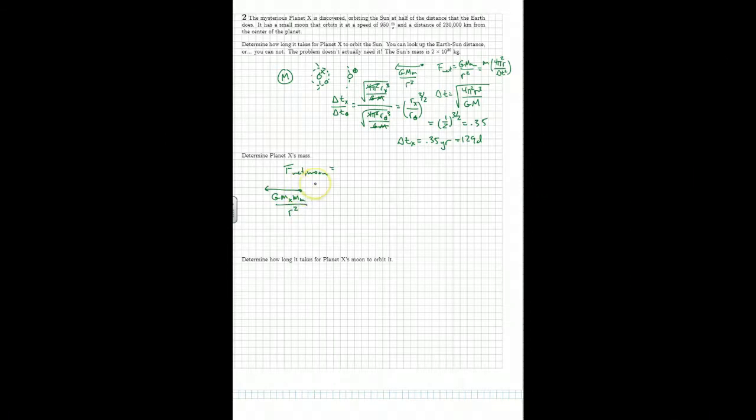That's the only significant force on it there. And we know the speed and the distance, so I'm going to do my F net in terms of v. And this will be the mass of the moon, because it's the F net on the moon.